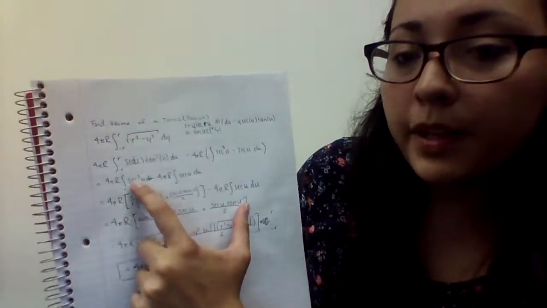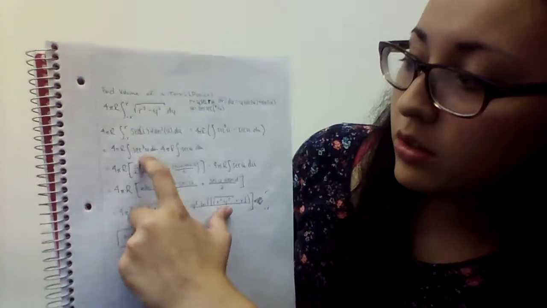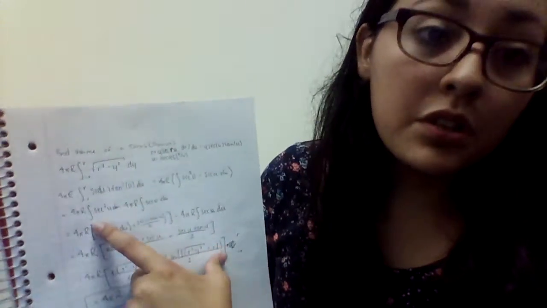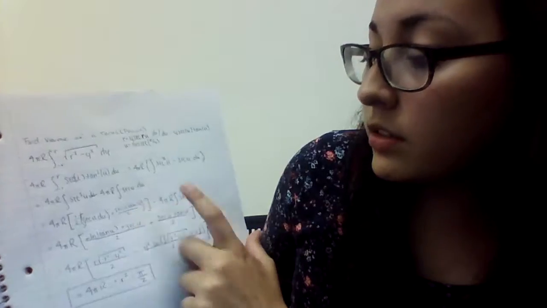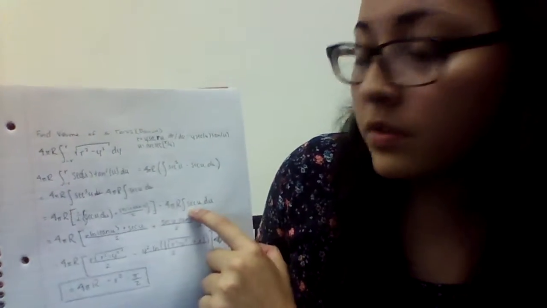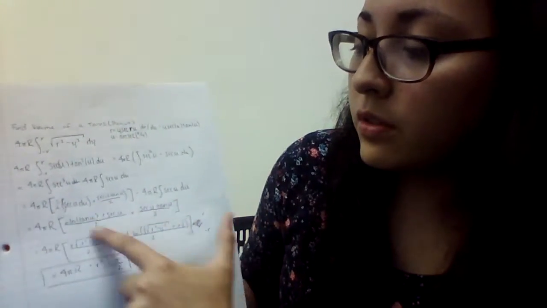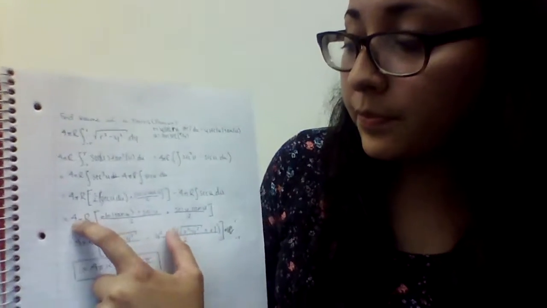I just separate them, and I also put the constants separate because they both have to get them. I continue to solve secant cubed u, and I actually had to use another trig identity here, but I skipped that step. Also you need to find the derivative of secant u. In this case, it's just secant u tangent u over 2. And so this is what you solved. And don't forget, you still have to have that constant there.